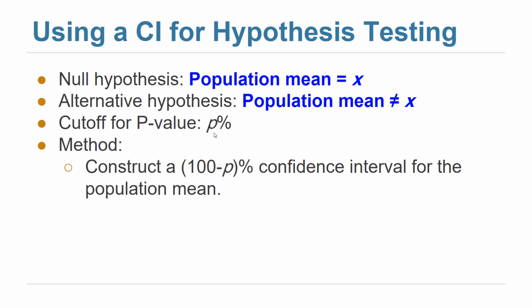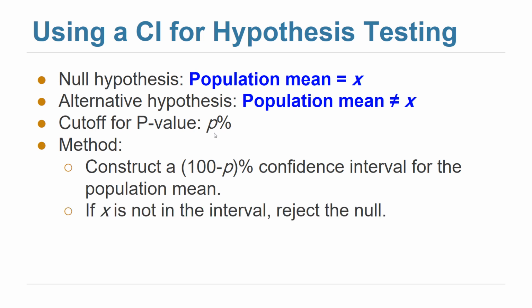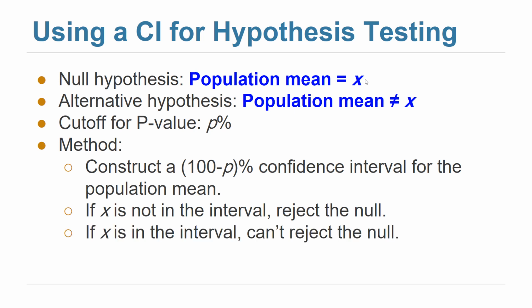After we compute the confidence interval, we check if x, which is the specific value that we are testing, is not in the interval, then we reject the null hypothesis. If x is in the interval, we cannot reject the null hypothesis, and we can conclude that the mean is that value with very high probability.